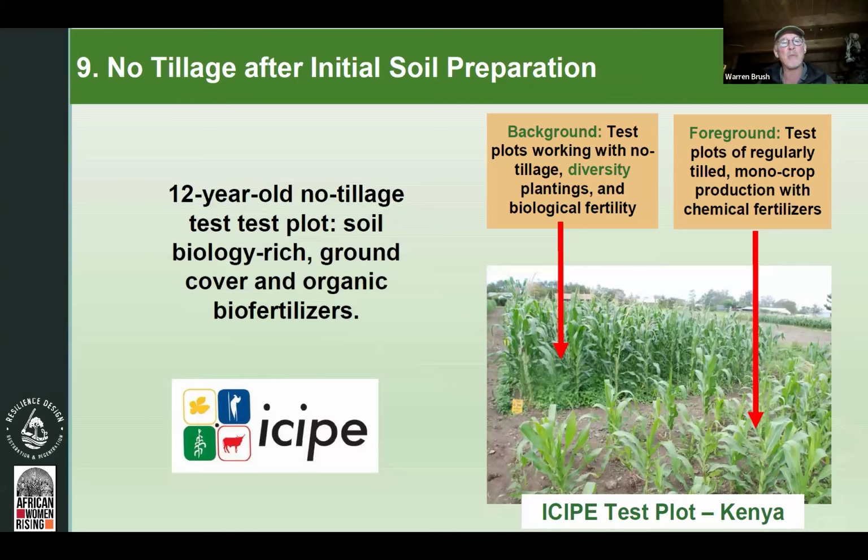Icipe has some wonderful data on this as well. Even the largest farms in America that are doing no tillage are using machinery that does seed drilling within the mulches. So this idea that we need to till is not true. It destroys the soil biology every time you do that.